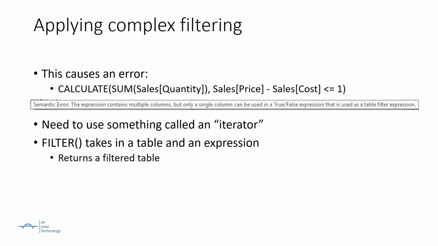So FILTER, like most iterators, takes in a table and an expression, and then it returns a filtered table. And then CALCULATE is able to take that and change the filter context. Let's look at an example.